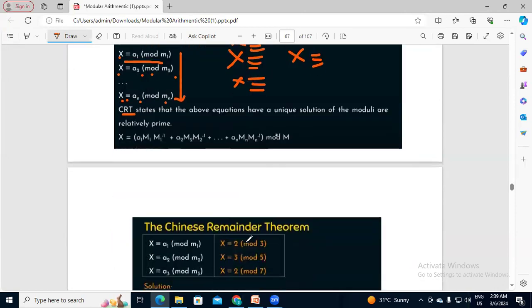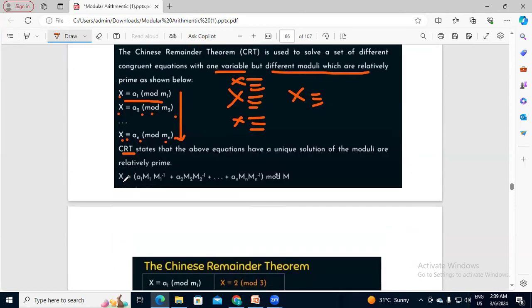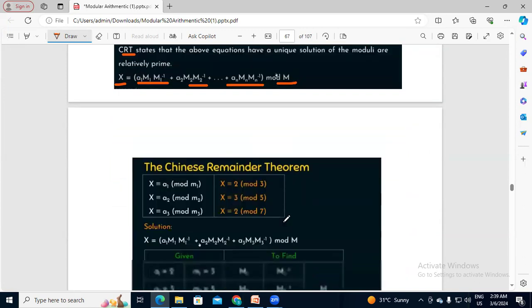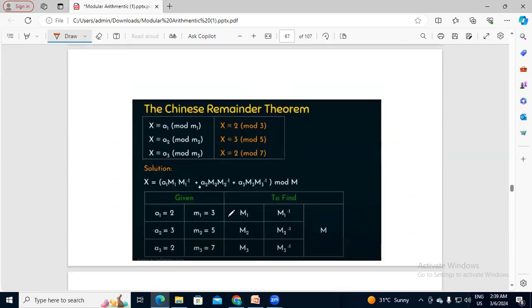Now, how can you write this x? You can write x as a1 m1 m1 inverse plus a2 m2 m2 inverse, up to an mn mn inverse, mod m. Now let's simplify it.